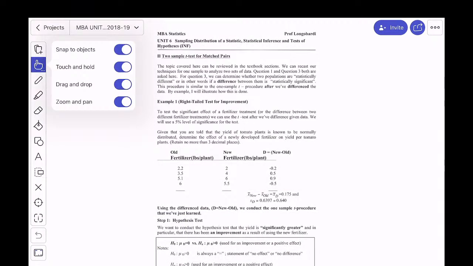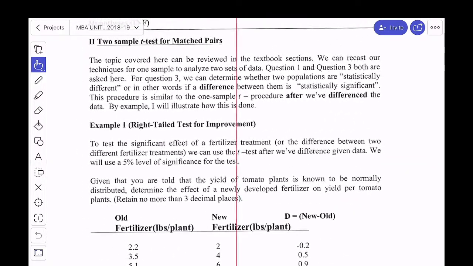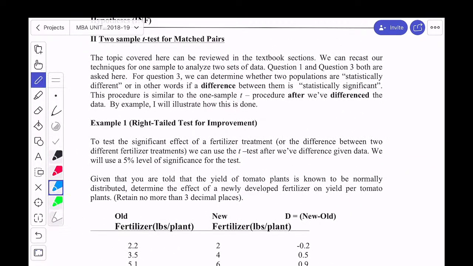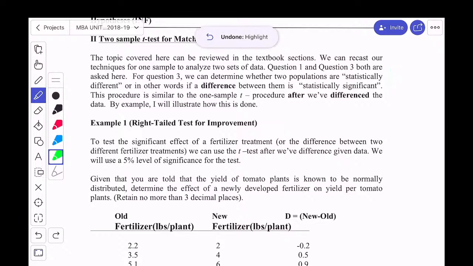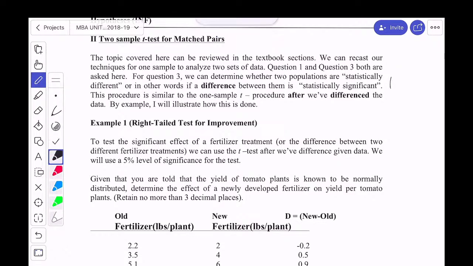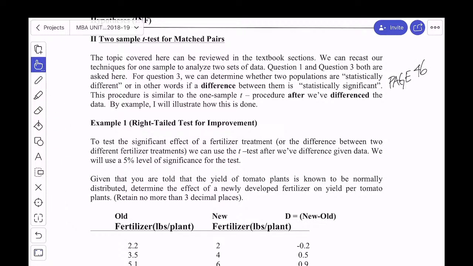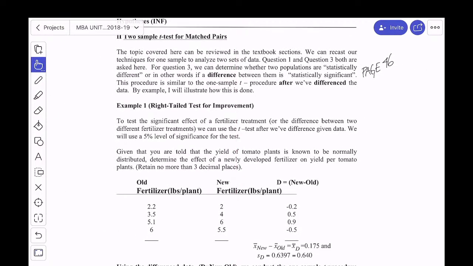Here it is. So here I am on page 46. You can also use the t-test for 2 samples, because all we've been working with is 1 sample, right?